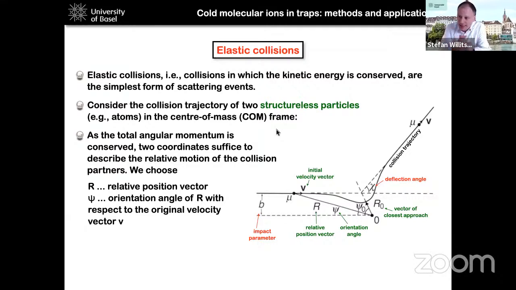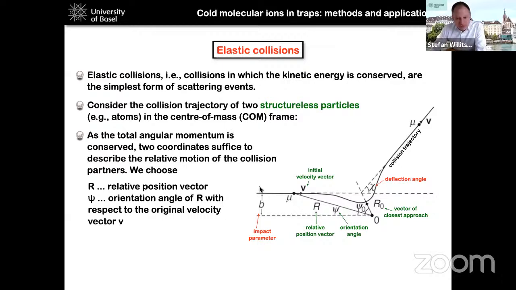We are always dealing with these problems within the center of mass frame, not the laboratory frame. We transform the whole problem into the center of mass frame, where we separate the collision problem into a motion of the center of mass of the two collision partners and their relative motion. For the collision dynamics, what is always important is just the relative motion of the two particles.